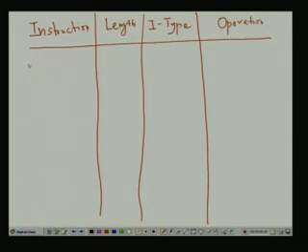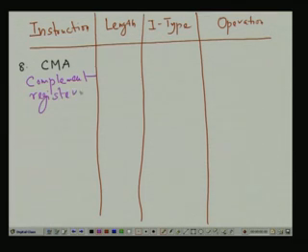One is CMA. CMA is complement register A. So, this is of length 1 byte because NMRI. Operation is A is replaced by A complement.